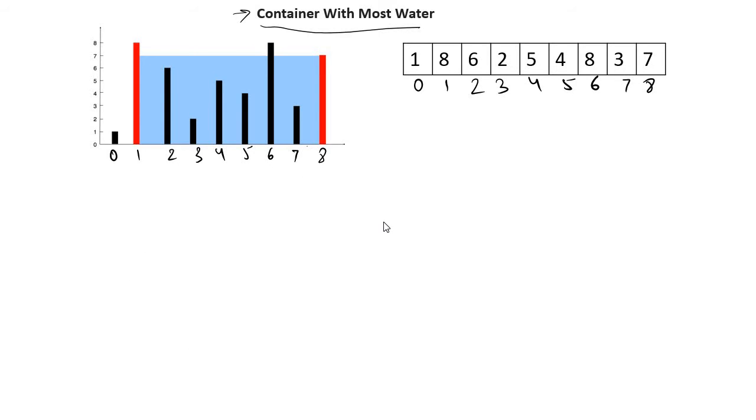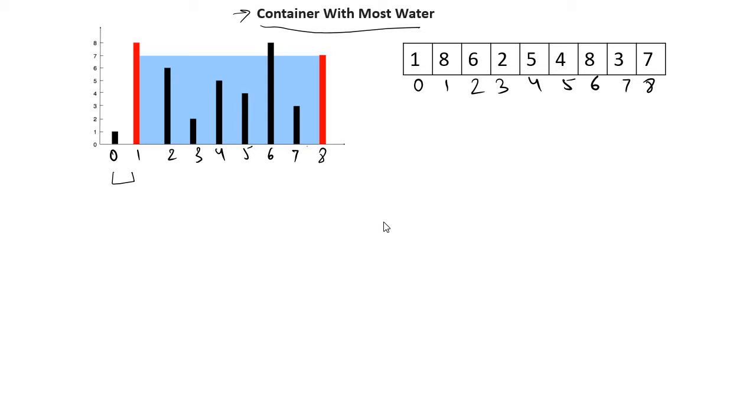For solving this question, one solution is to use two loops and calculate the difference, the distance between these two bars, and the minimum height. This way we calculate the water contained, and keep track of the maximum we found.